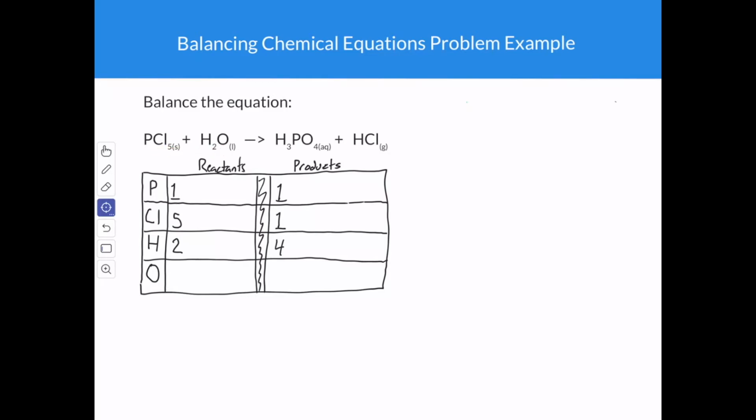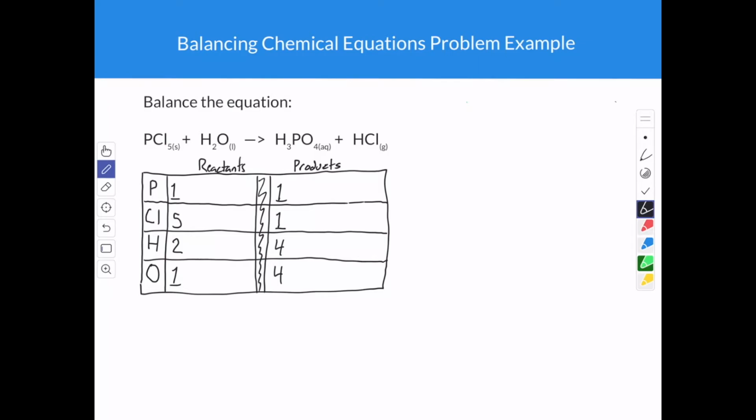Looks like we have 1 on the left, the reactant side, and then we've got a subscript here, so 4 on the product side. Now that we know exactly how many atoms of each element we have on the reactants and product side, we can start balancing our equation.